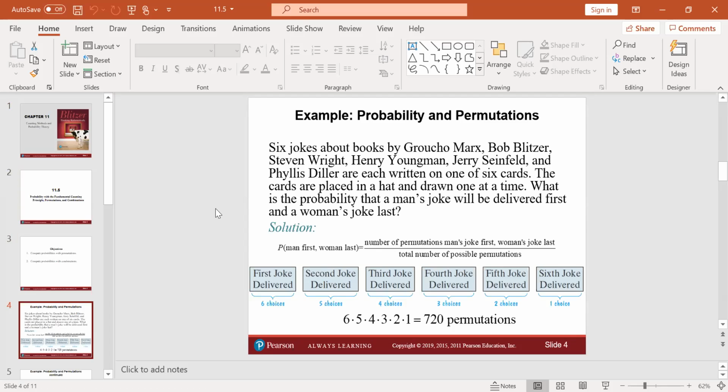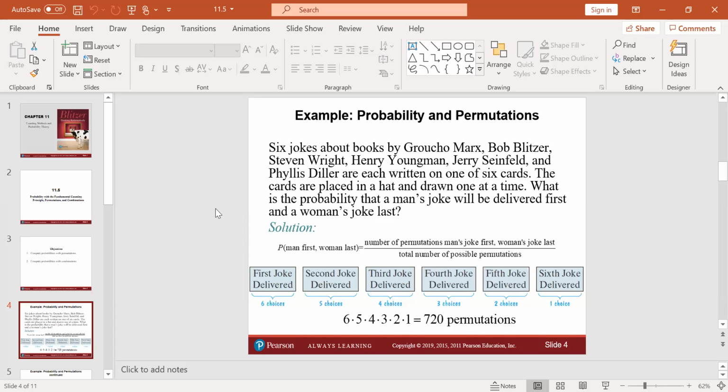So 6 joke books, or 6 jokes about books. That's a weird word. Okay, I guess these 6 people have given us a joke about books. Okay, it's kind of lame. But anyways, 6 jokes about books by Groucho Marx, famous comedian, Bob Blitzer, never heard of that person, Stephen Wright, I think I've heard of him, Henry Youngman, Jerry Seinfeld, who hasn't heard of Seinfeld, and Phyllis Diller are written on one of 6 cards.